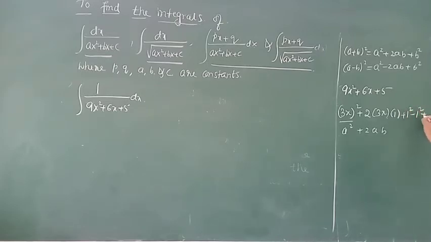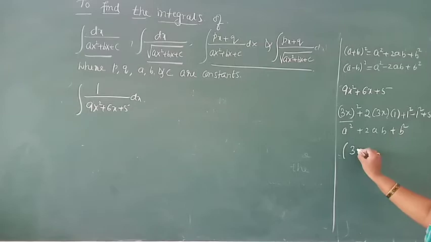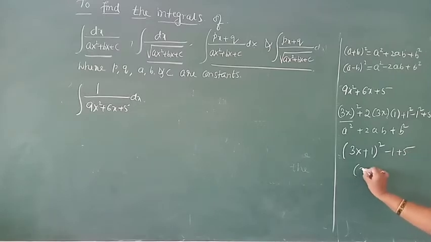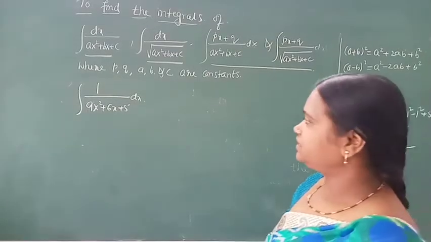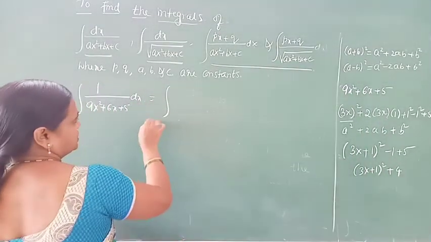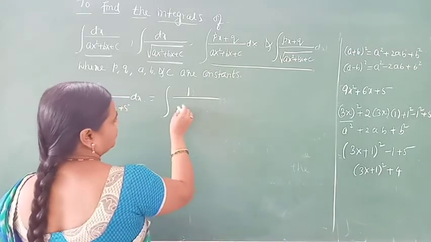Minus 1 square plus 5. This is the form of a plus b the whole square, where a is 3x and b is 1: 3x plus 1 the whole square minus 1 plus 5, which is 4. Therefore, we can write this as the integration of 1 divided by 4.